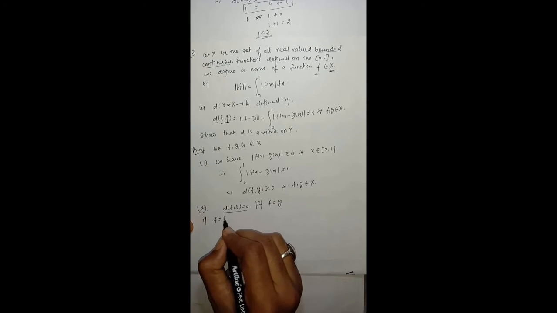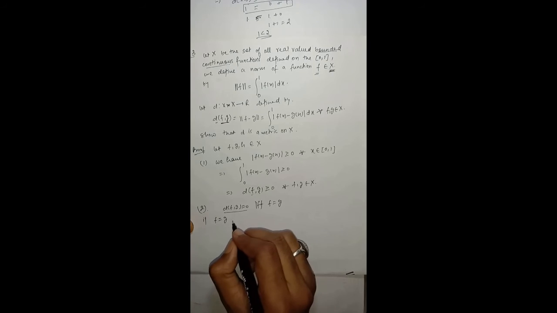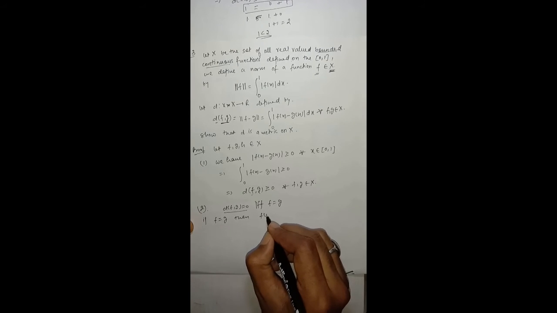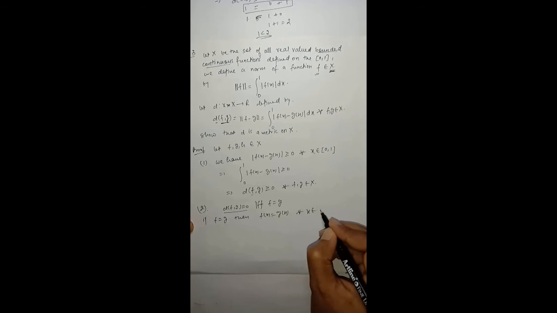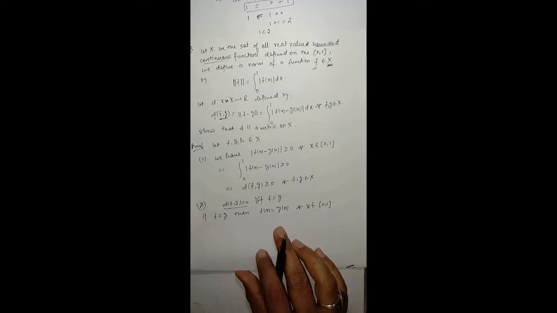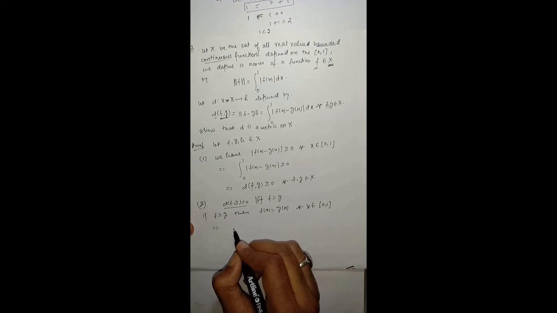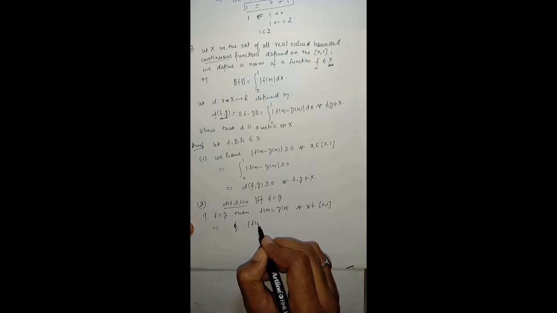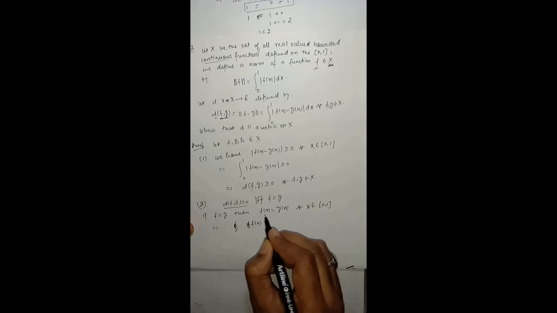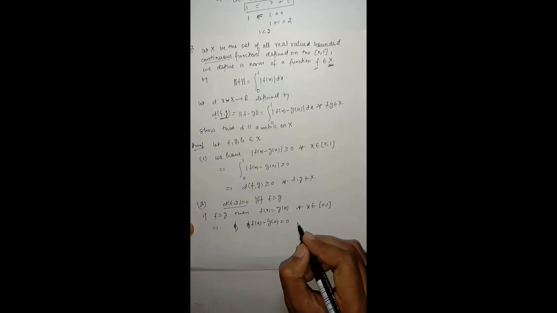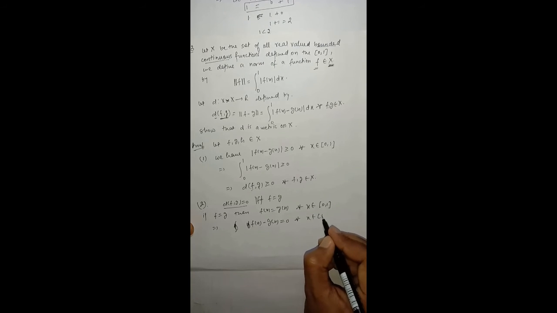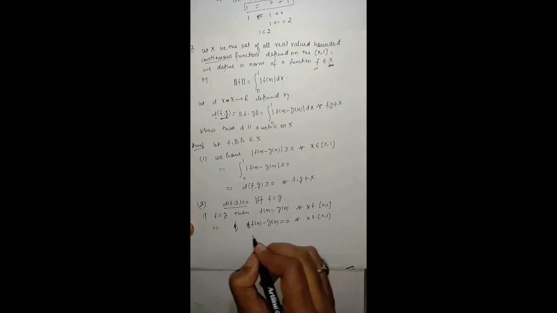If f is equal to g, then f(x) is equal to g(x) for all x belonging to the closed interval [0,1]. This implies f(x) - g(x) is equal to 0 for every x belonging to the closed interval.